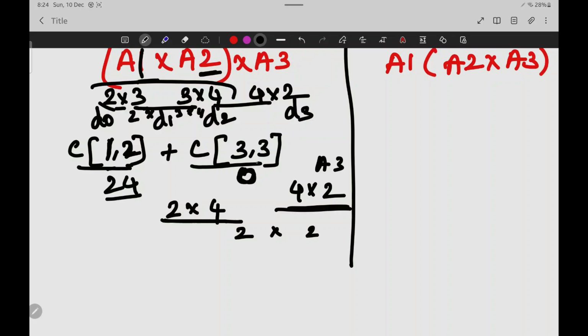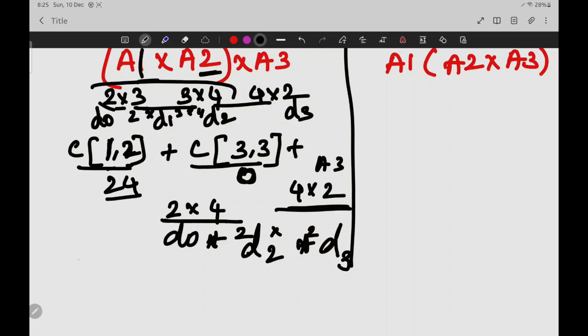These two are the multiplications of the first combination. Then we need to do addition and multiplication with these three things. These three things, 2, 4, 2: this 2 is D0, this 4 is D2, and this 2 is D3. So D0, D2, D3.